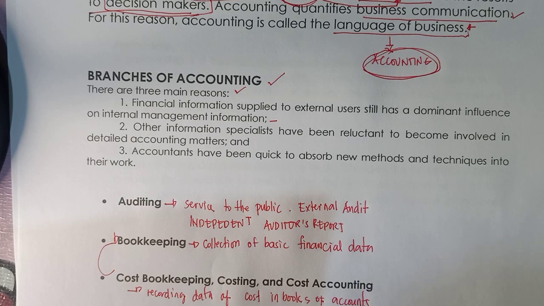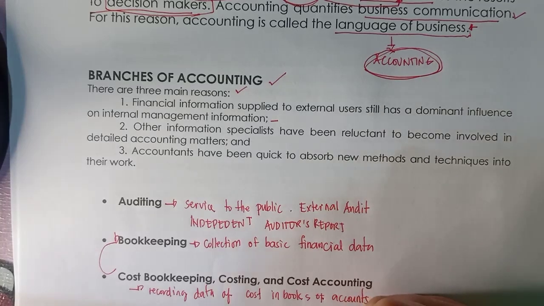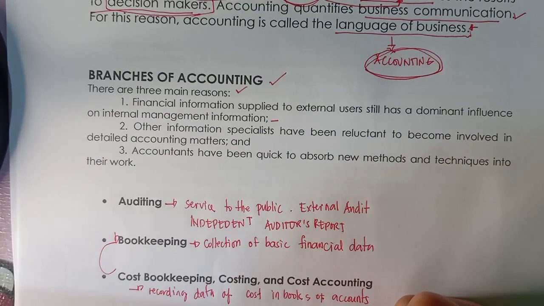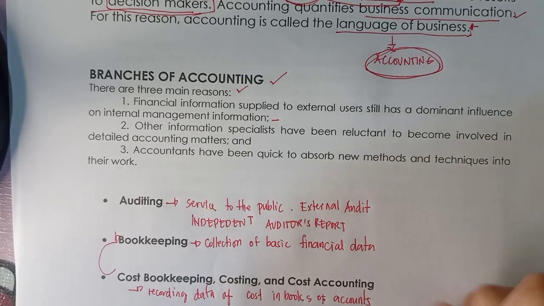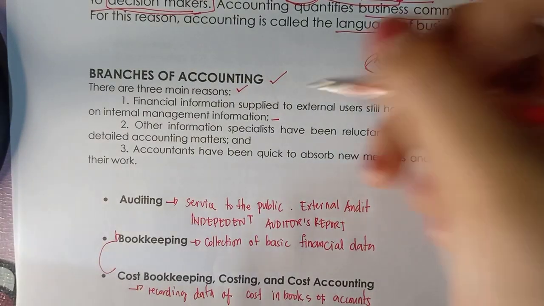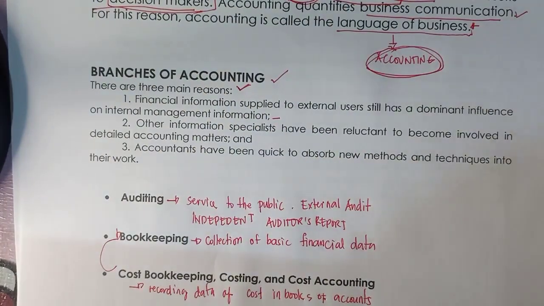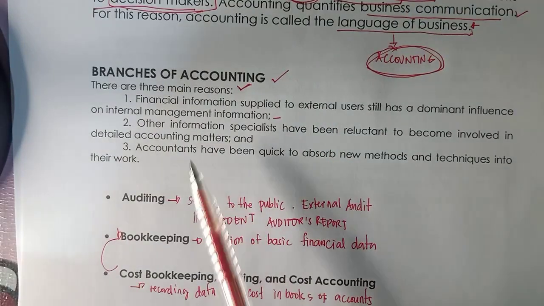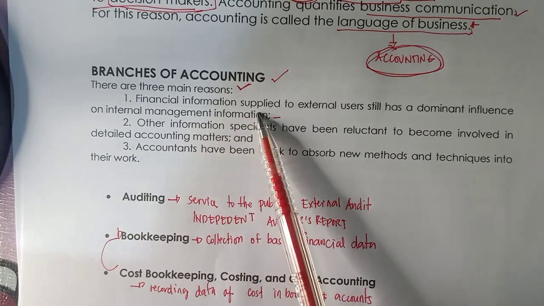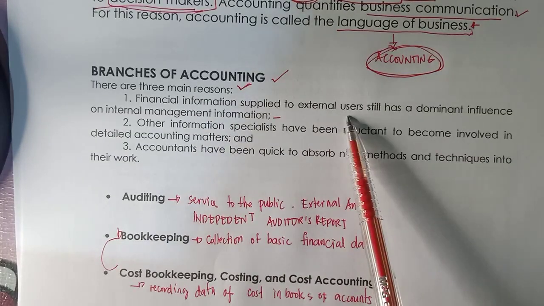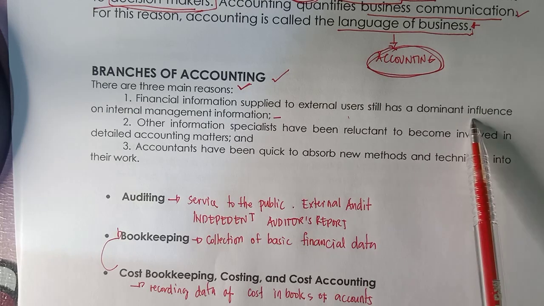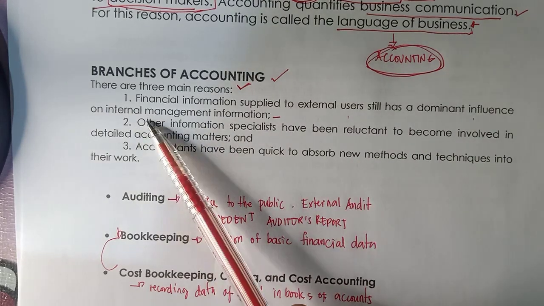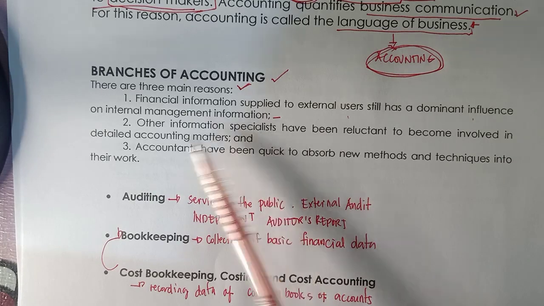The work that accountants undertake ranges far beyond simply summarizing information in order to calculate how much profit a business has made. So, we have these main reasons. First, financial information supplied to external users still has a dominant influence on internal management information.